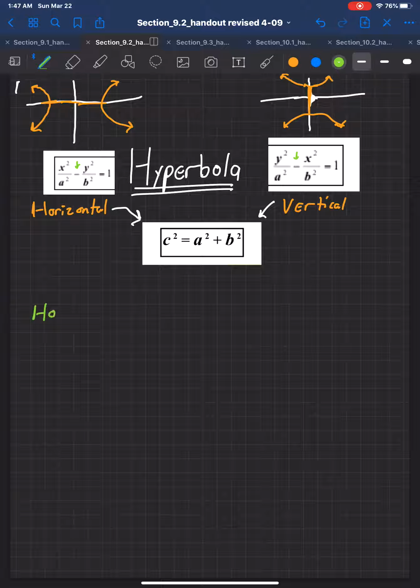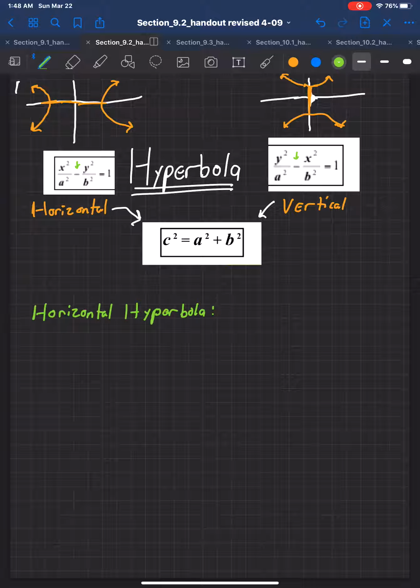So for a horizontal hyperbola, it is true that the transverse axis is running horizontally. But here, let's just have a takeaway. Ready?